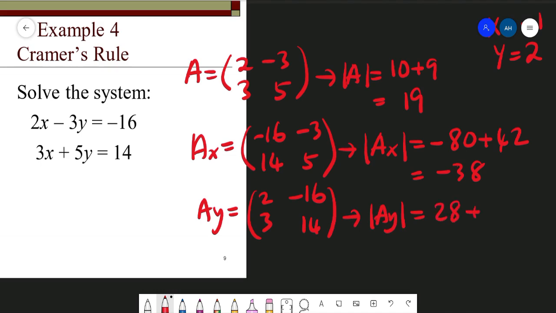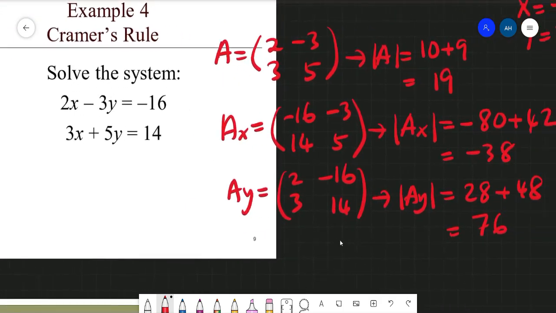Negative with negative becomes plus 16 times 3 is 48. Now 48 plus 28 is 76. Now let's calculate, because we have everything, all the determinants of A, Ax, and Ay.